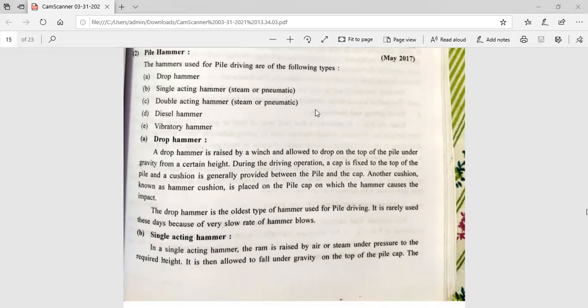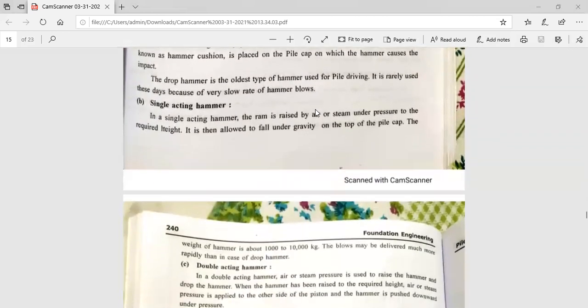During the driving operation, a cap is fixed to the top of the pile and a cushion is generally provided between the pile and the cap. Another cushion, known as the hammer cushion, is placed on the pile cap on which the hammer causes the impact. The drop hammer is the oldest type of hammer used for pile driving, and it is rarely used these days because of its very slow rate of hammer blows.